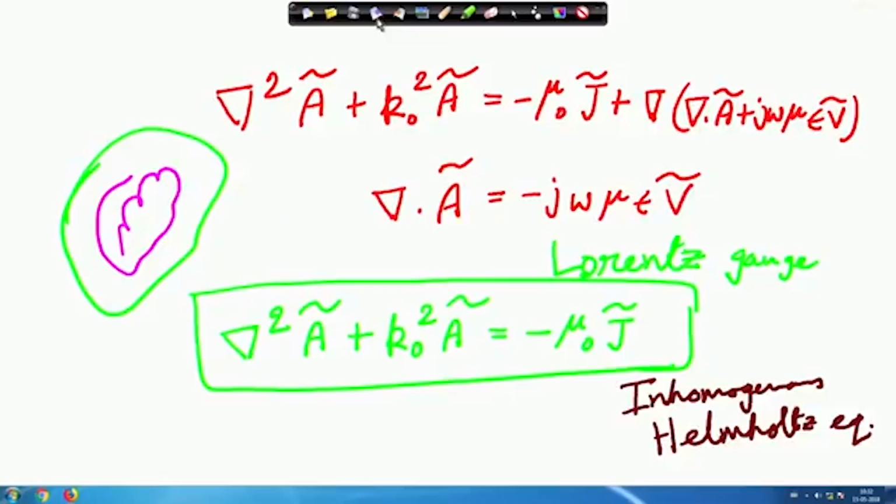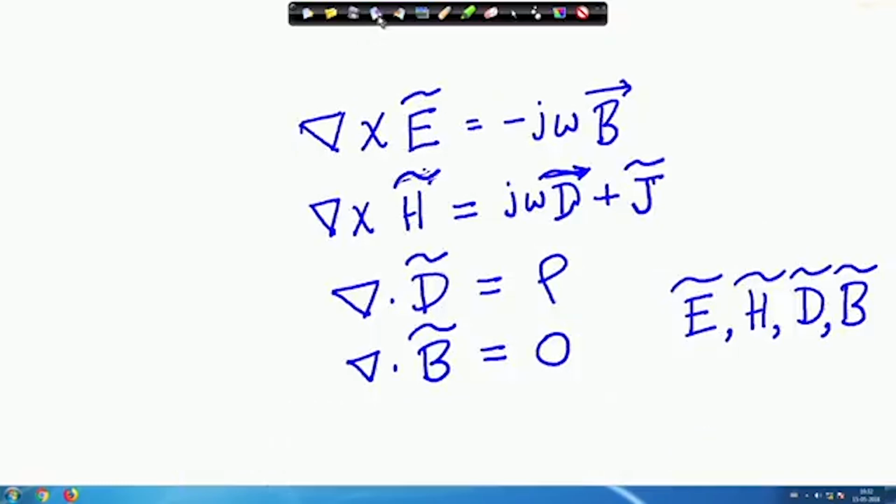Now, it can be argued that if we look at Maxwell's equations, there are two source quantities, one is this J, another is this rho. So, why have we taken J? We could have taken rho also. Yes, that is true, we can consider rho as the source also, and this is Maxwell's third equation, or Gauss's law.